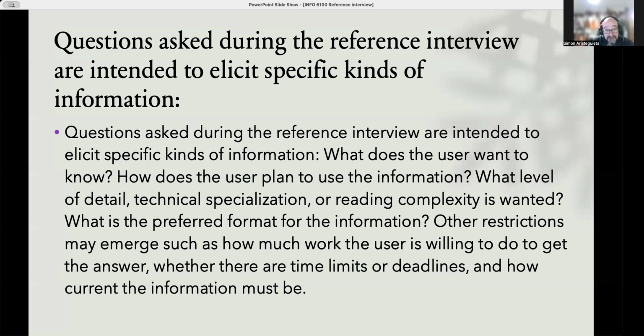It's because there are also time limits, there are deadlines, and another limitation could be how current the information must be. So the idea of the reference interview and the idea of the questions that we ask is, of course, first we want to know what kind of information, what it is that the patron or the user is looking for, and then to see what kind of information, the level of complexity, the audience, how much time do we have, et cetera, et cetera. So that's the whole idea about the reference interview.